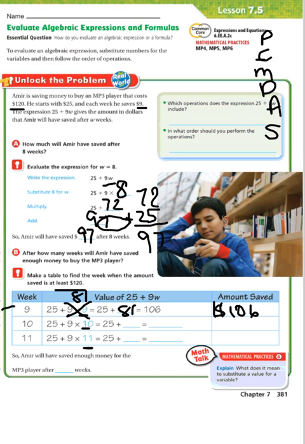Now week 10, we do the same thing. 9 times 10 is 90, and that replaces those numbers, so now we have 25 plus 90, which is 115.